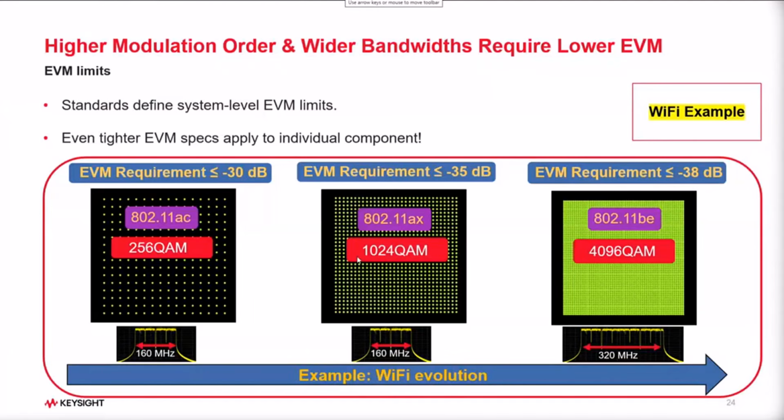If you look at 1024 QAM, because now symbols are much closer to each other, you have lesser dynamic range. Now you need EVM of better than minus 35 dB, an even tighter specification. That means you need to achieve close to 2% or 1.5% or so. And then if you're dealing with 4096 QAM, which is at 802.11be, you need minus 38 dB.